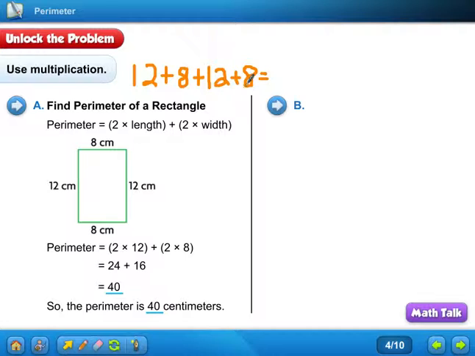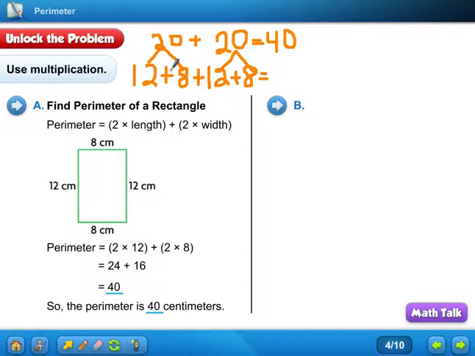And then 12 plus 8 is 20 again. So 20 plus 20 equals 40.